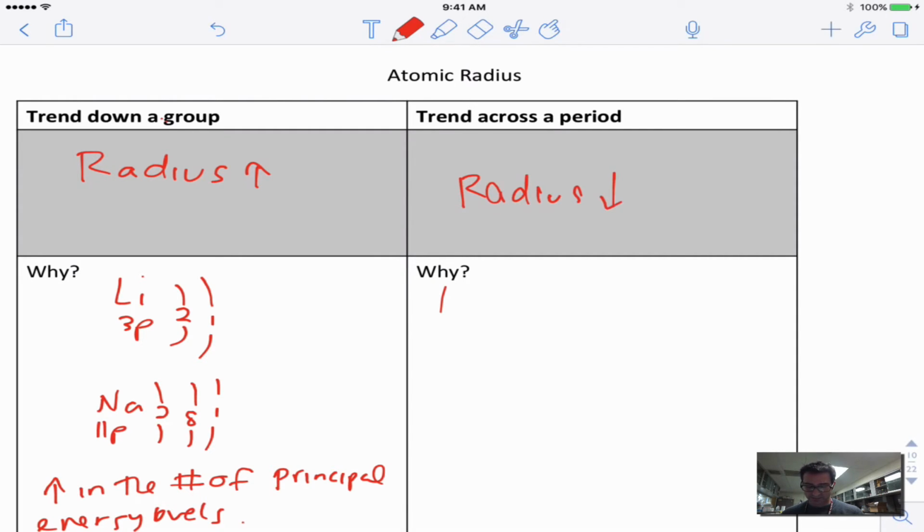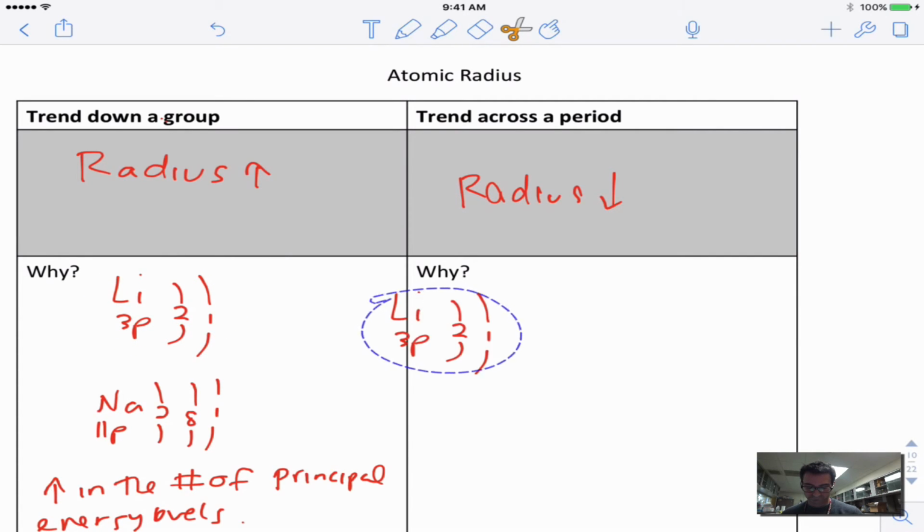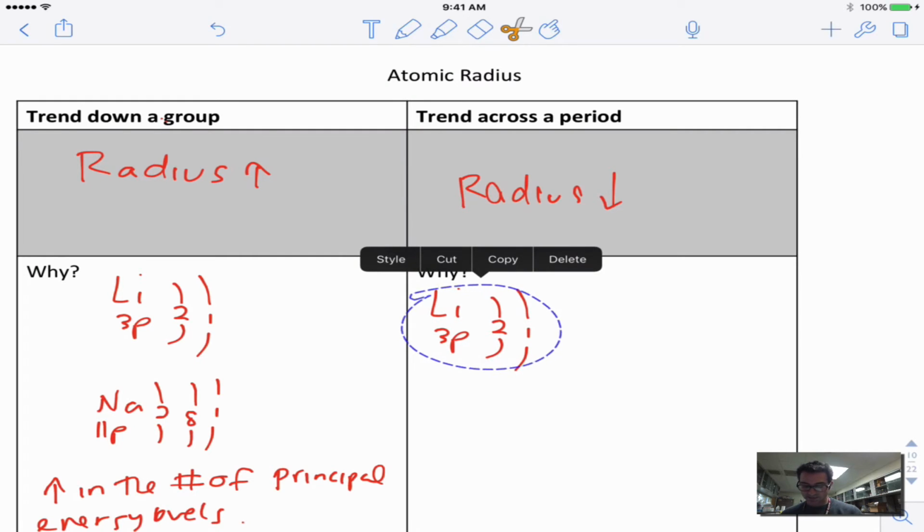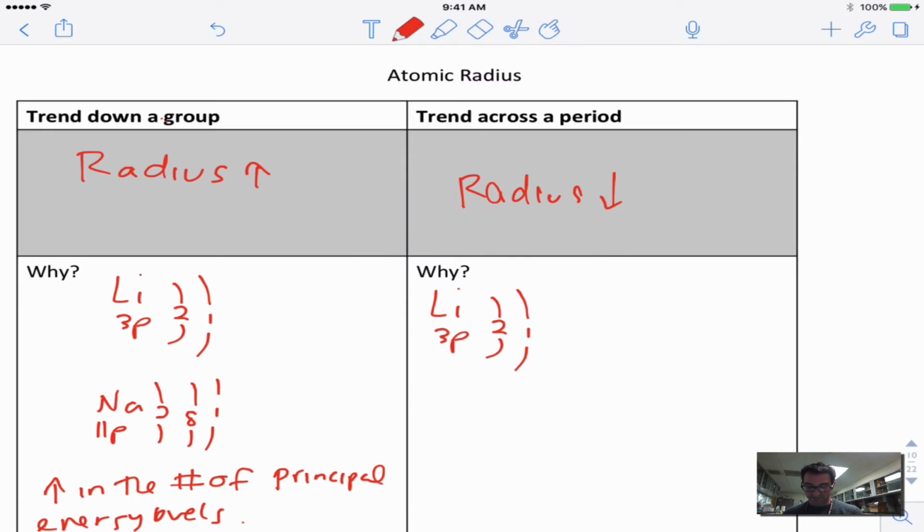The radius goes down. If we look across a period here, if we look at lithium again and move that over here, and then compare it to something like fluorine. Fluorine has 9 protons, and it has the 2 energy levels.